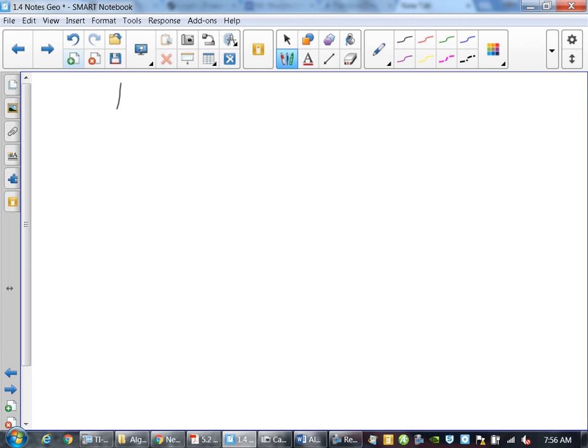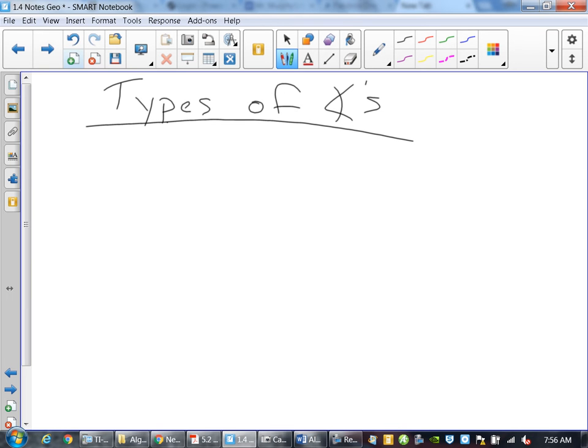There are types of angles. For our class, usually we're going to keep our angles within 3 types. Well, actually 4. We have what's called a right angle, and obtuse.